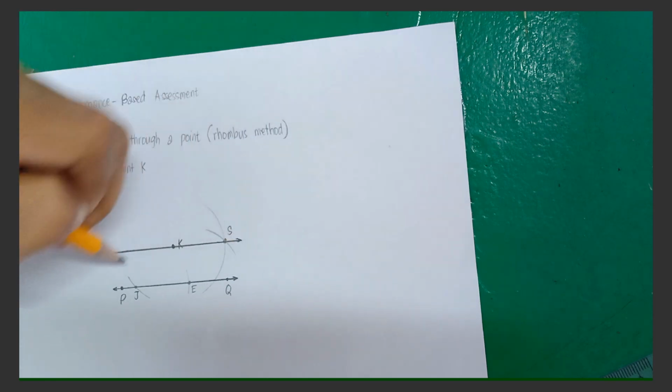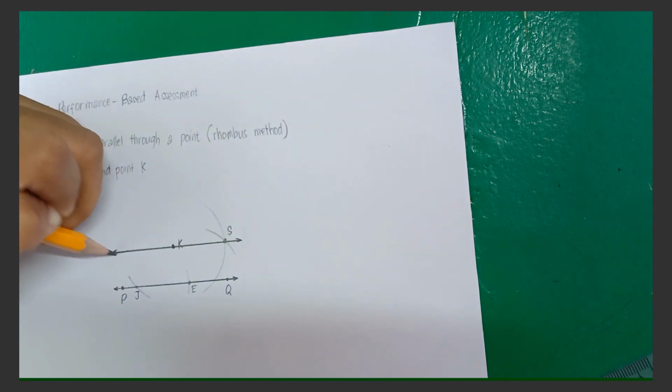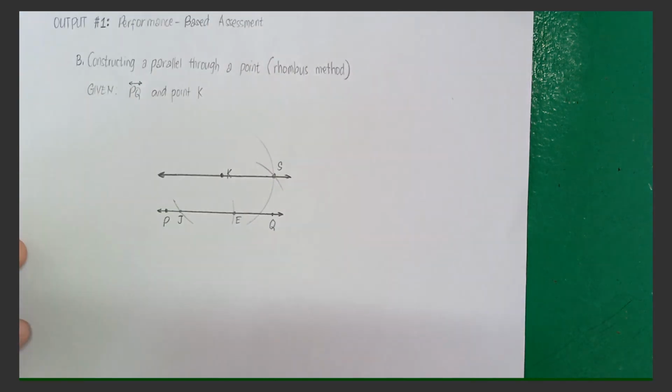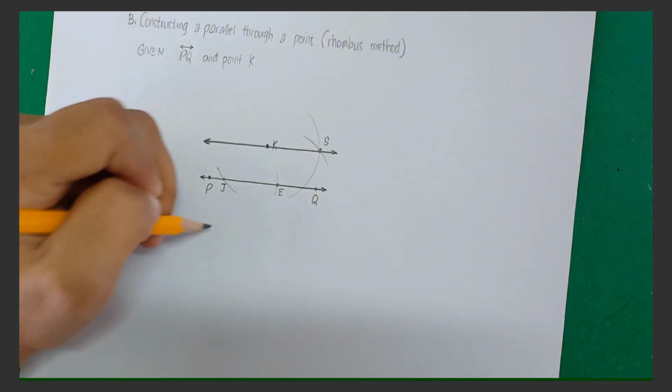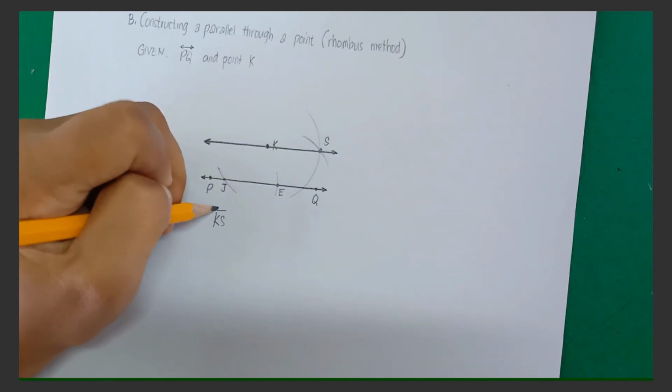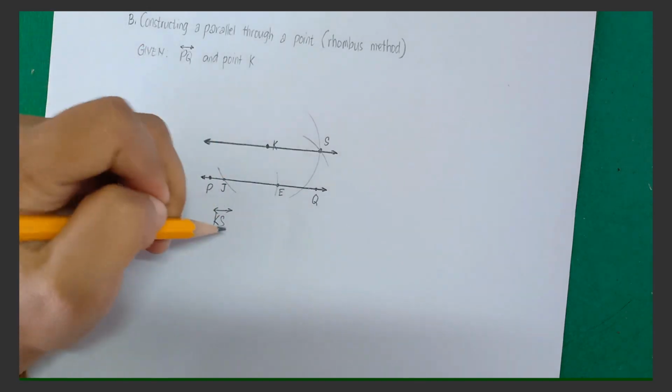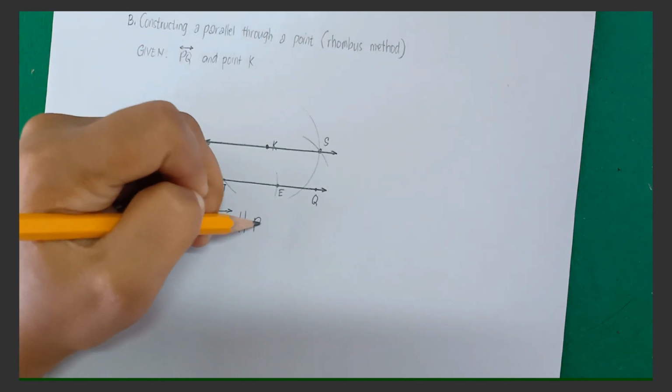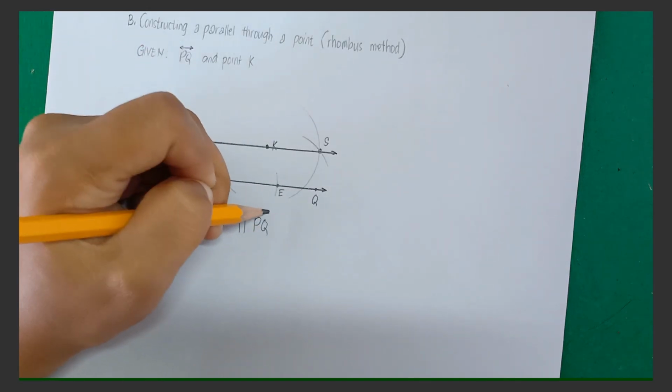Put arrowheads. And we're done. The line KS is now parallel to line PQ.